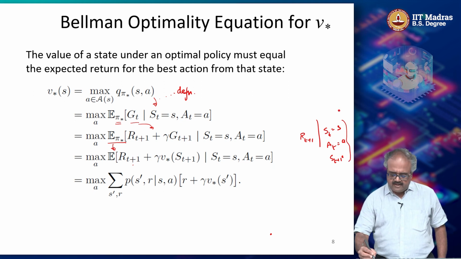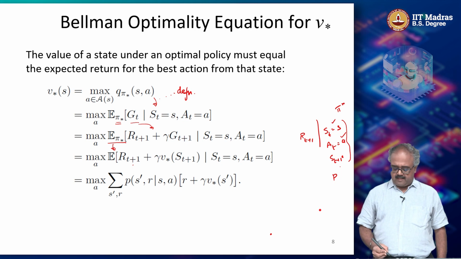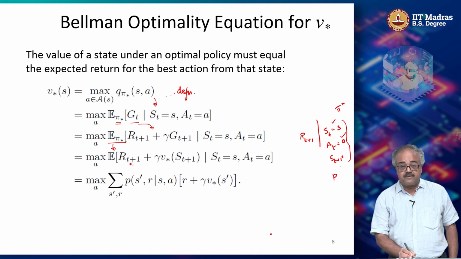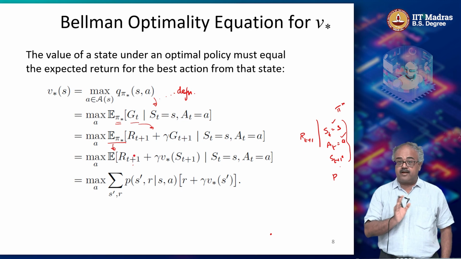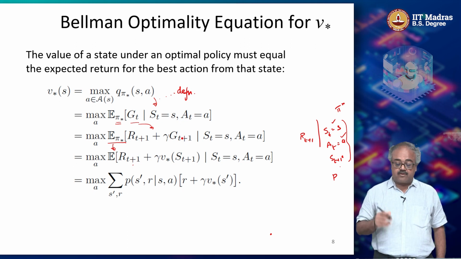So in none of these does pi star appear. This is fixed, and this comes from the P of my MDP. So in none of these three terms is pi star playing a role. Therefore, the expectation of RT plus 1 doesn't have to be taken over pi star. It is only the GT plus 1 where pi star plays a role, remember?